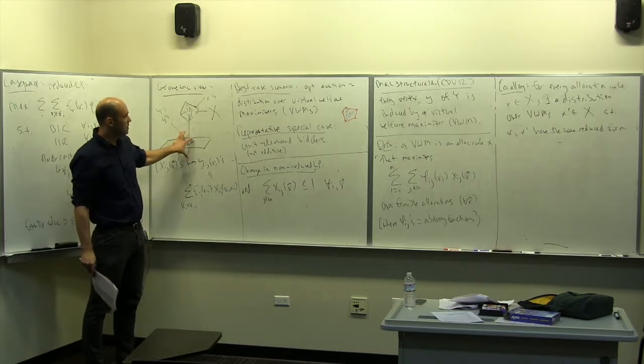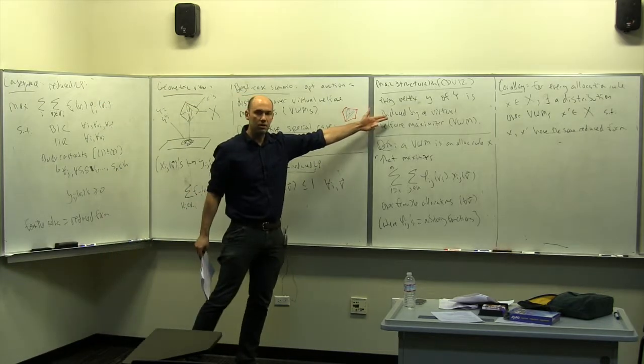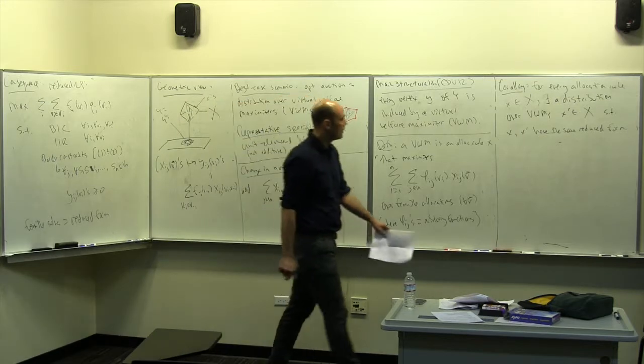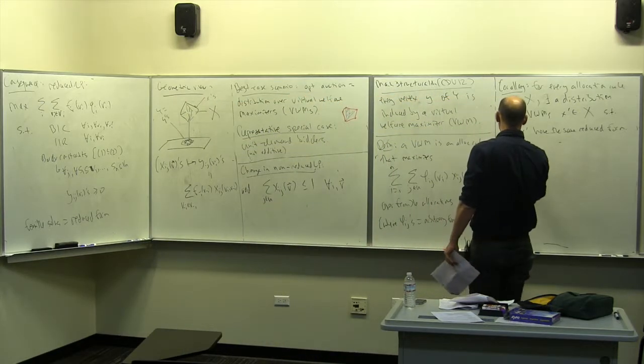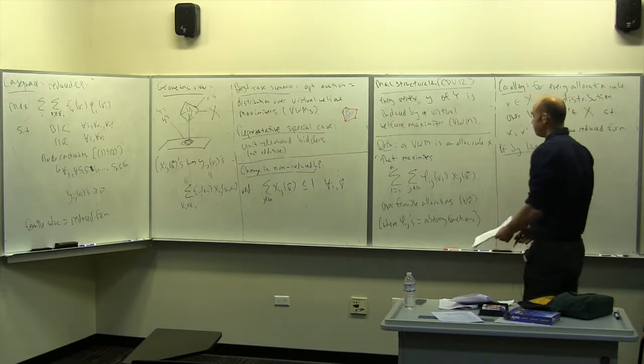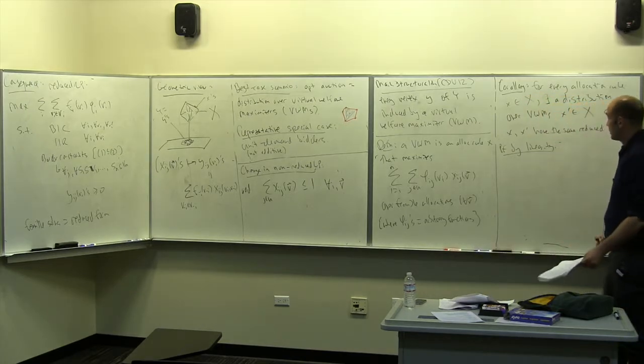So you project, decompose as a convex combination of the vertices, apply the main structural theorem, and then go back upstairs and you're done. Okay? So proof by linearity. All right? Okay, so that's the first point.